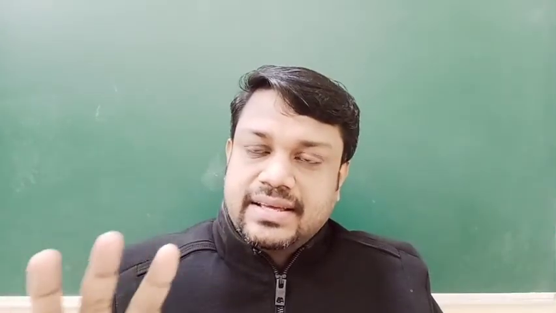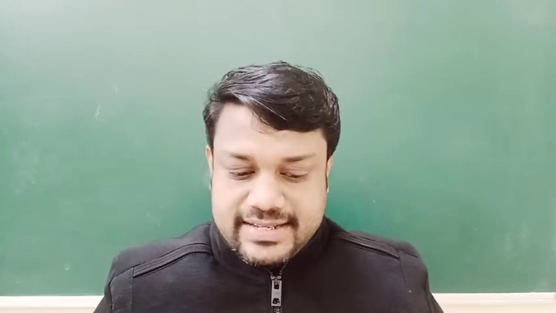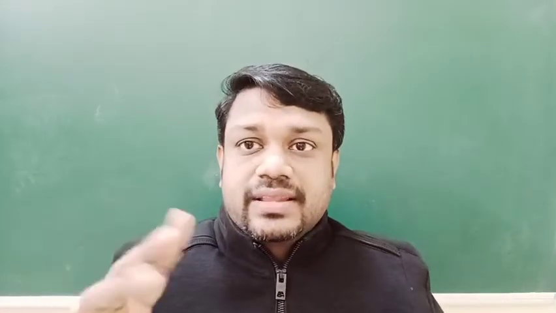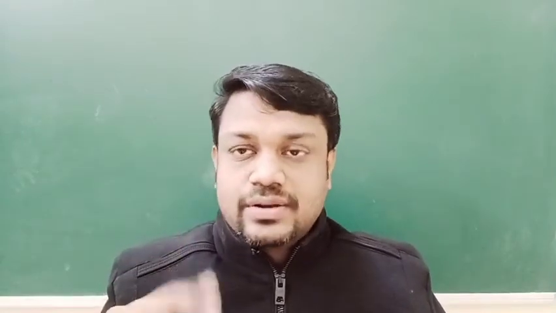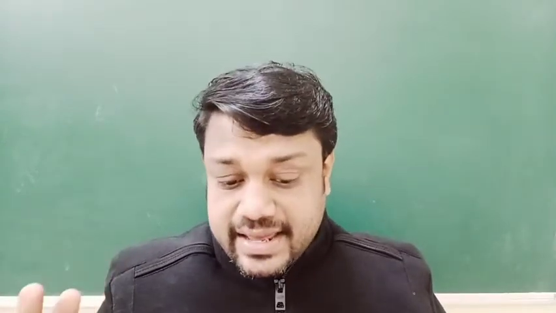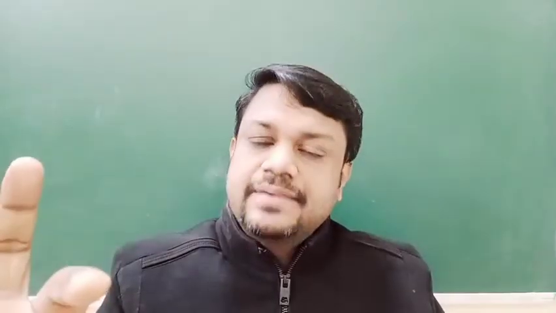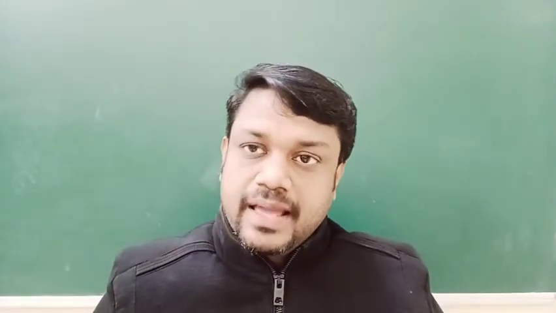If xd by D is (n plus half) lambda, then that will be a dark point. So it is not required to give the intensity equation, I is equal to root of I1 square plus I2 square, that is a general equation only. It is clearly given: at a point on the screen, what will be the condition? The condition is that path difference is an integral multiple of lambda, or (n plus half) lambda.